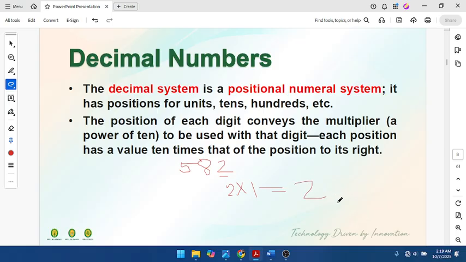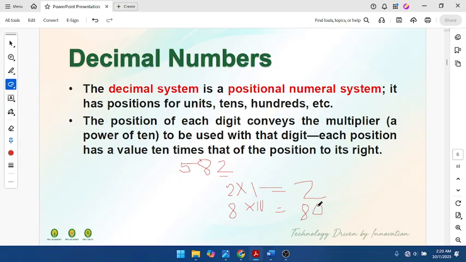The next digit is 8. The next position to the left is 10 times greater than the unit place, making it 10 to the power of 1. So we have 8 times 10, which equals 80.